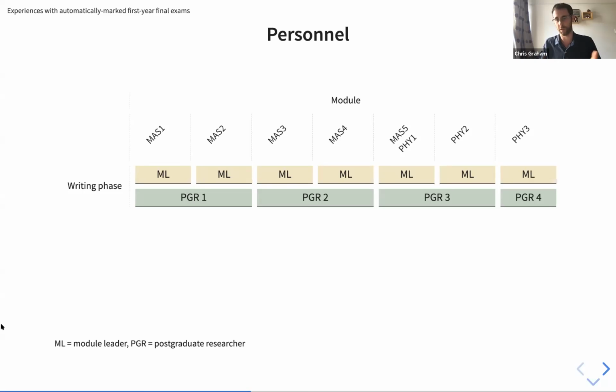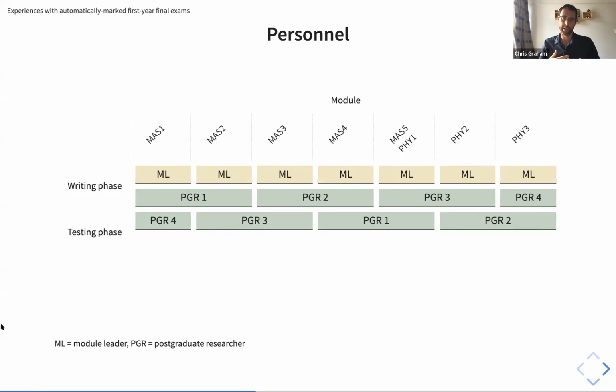Those PGRs were distributed across the modules roughly according to their expertise. The idea was that the module leader would steer the content, give an outline of what should be on the papers, and the postgraduate students with our assistance would create content.